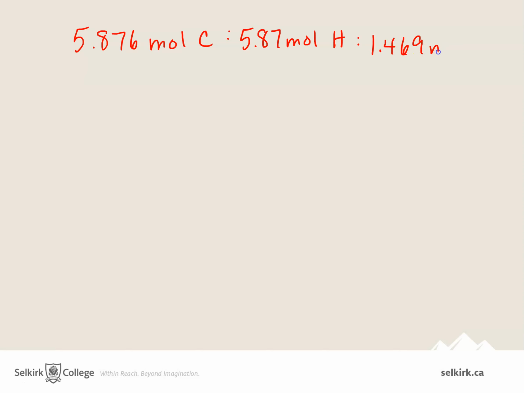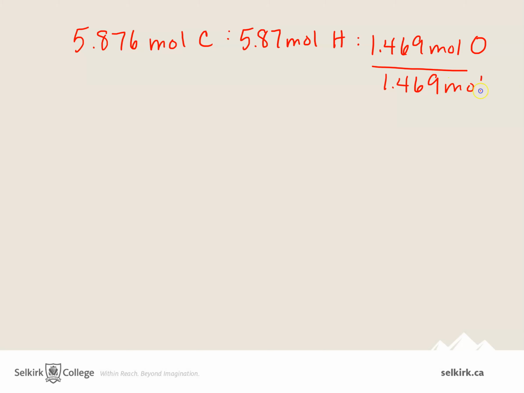Just copying from the previous slide, what we've found so far is that we have 5.876 moles of carbon to 5.87 moles of hydrogen to 1.469 moles of oxygen. I want a ratio of small whole numbers. So what I kind of do on autopilot is divide them all by the smallest number.